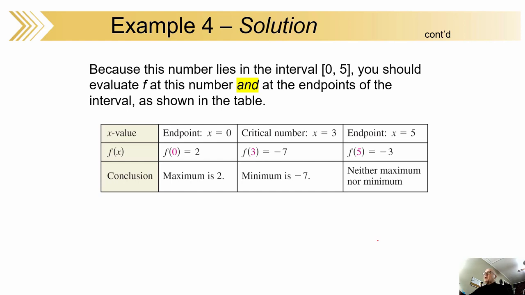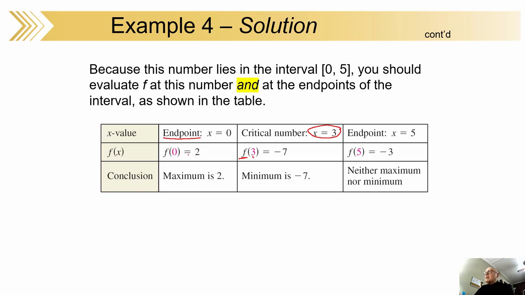And what you're going to do is check out your function at the critical number. Find the function value, not the derivative, the function value at that critical number, and you've only got one to check out, but you also don't want to forget the endpoints, because even though they're not critical numbers, they could be a maximum or a minimum.